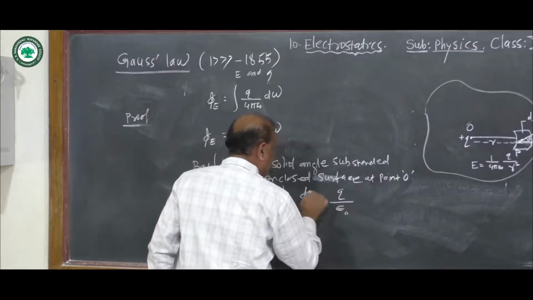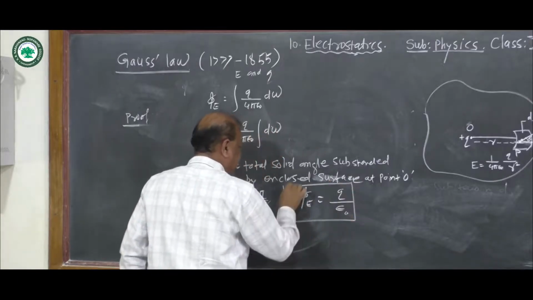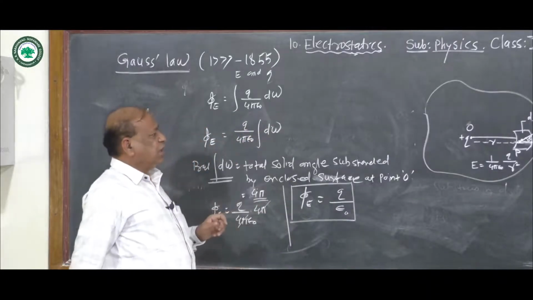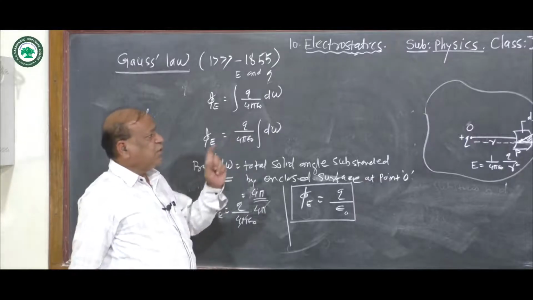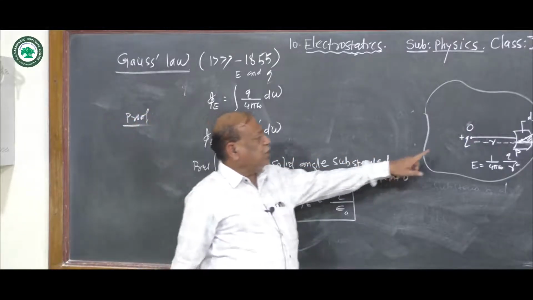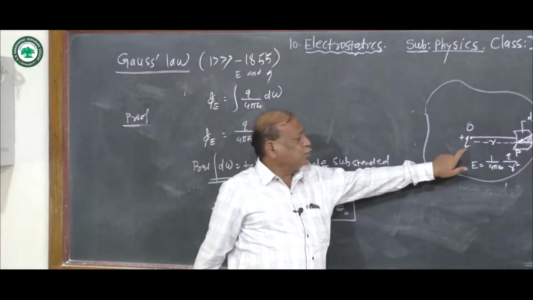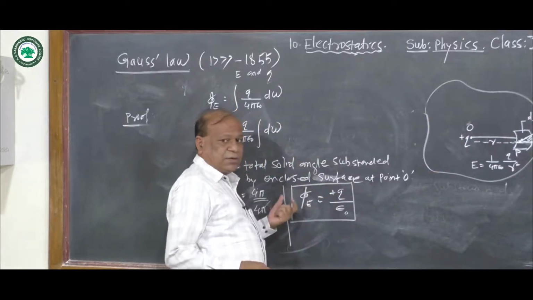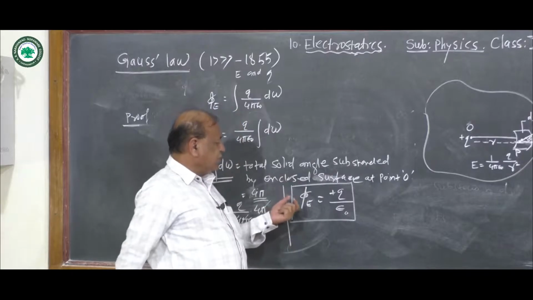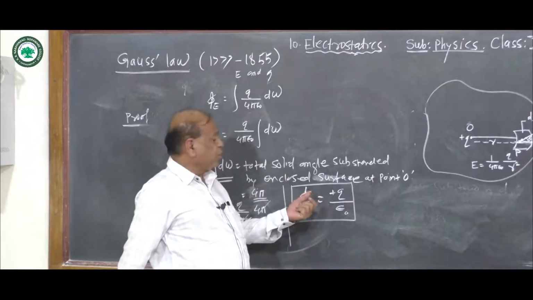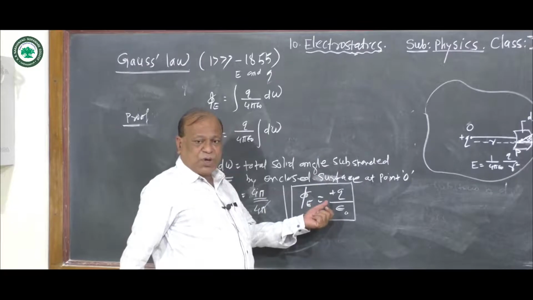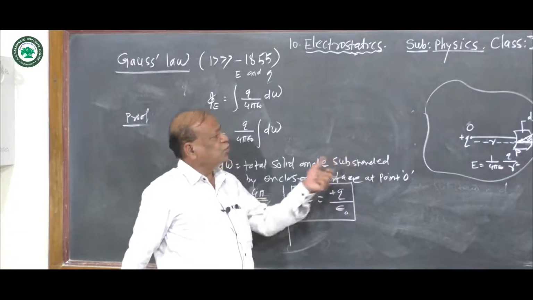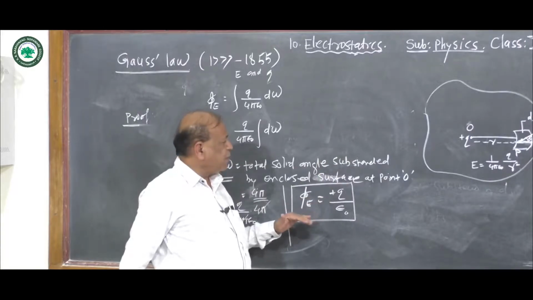And now if this enclosed surface consists of only the positive charge q, then the total electric flux is 1 upon epsilon 0 times the charge enclosed in that surface area.